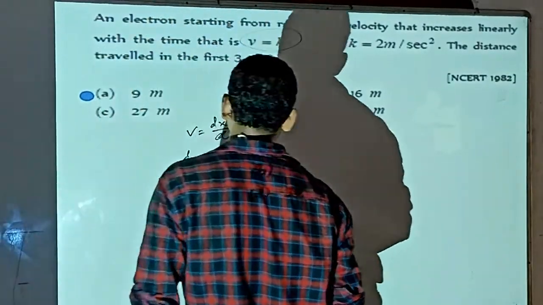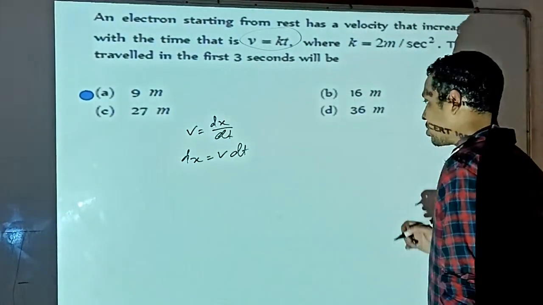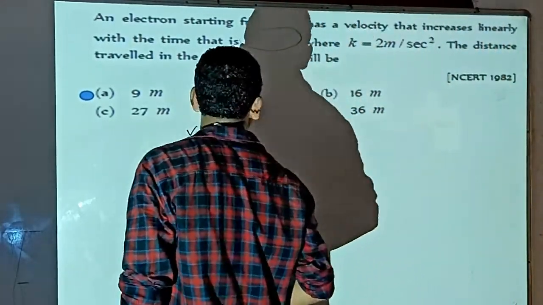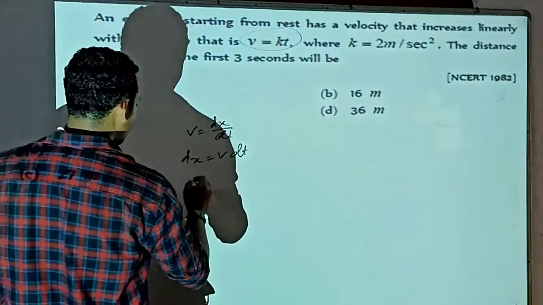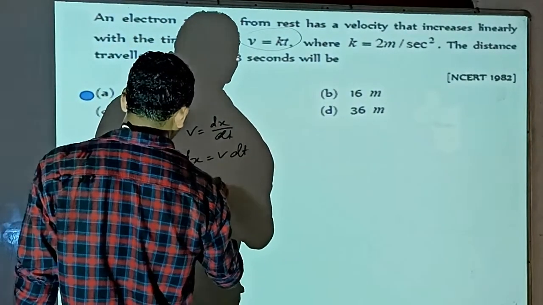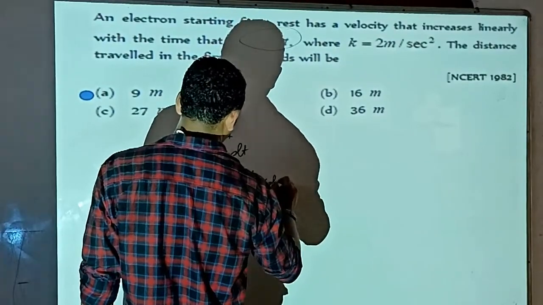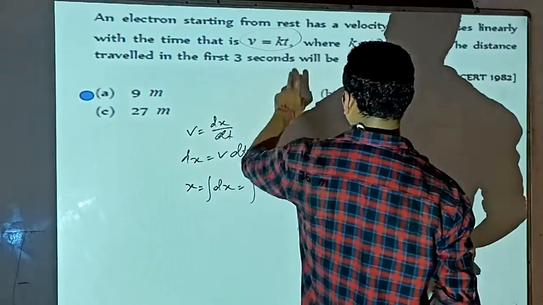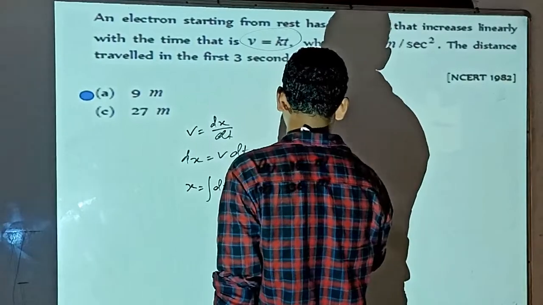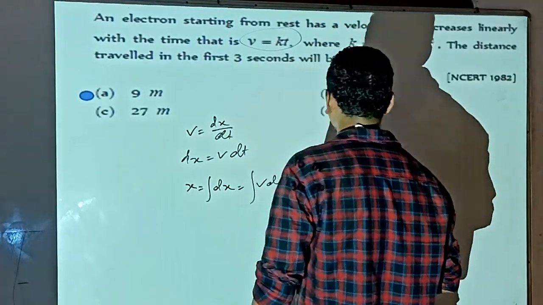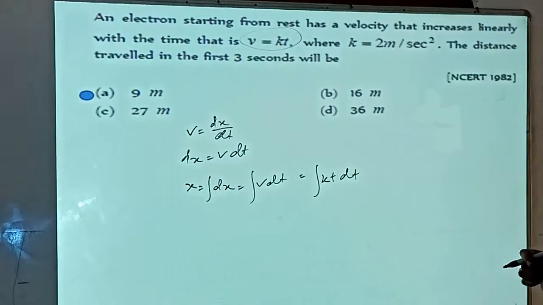If we integrate both sides, you get the displacement. So x will be integration over dx is equal to integration over v dt. Since the v value is already given, v is equal to kt, substitute it. So that will be k into t into dt. Okay, k is a constant.